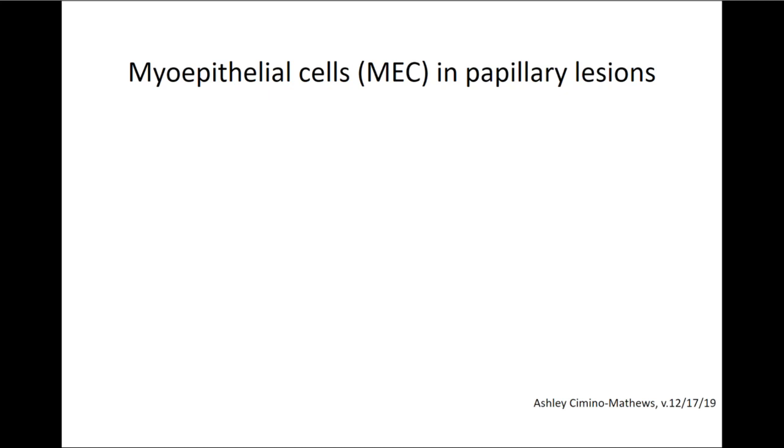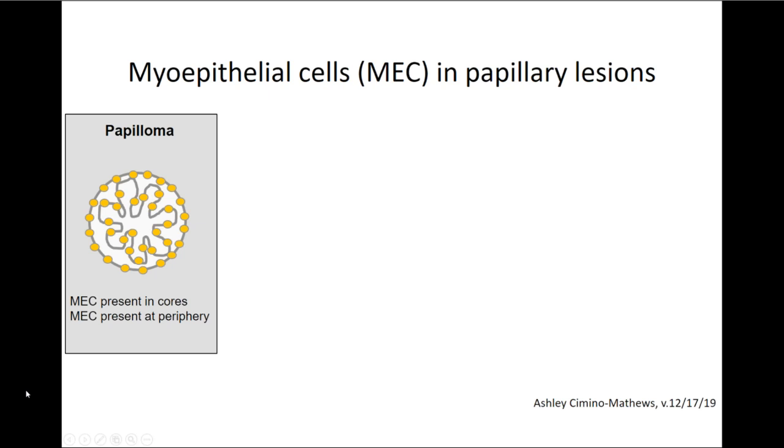So the first, let me make sure I can control my slides for you. Here we go. So the underlying architecture of a benign intraductal papilloma is an intraductal proliferation. Here, I'll make a little laser pointer. An intraductal proliferation with fibrovascular cores projecting into this dilated duct space.